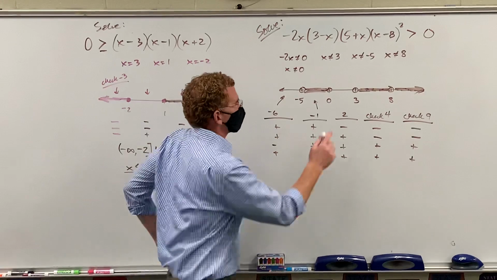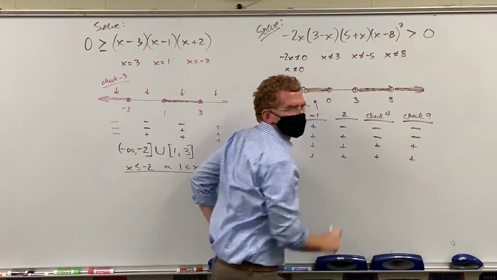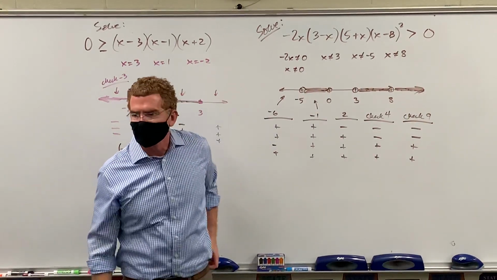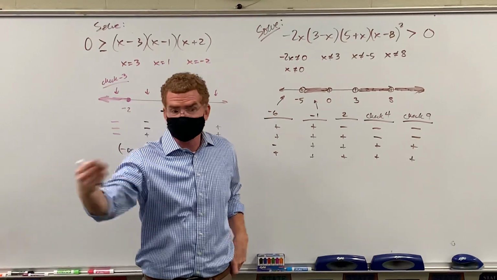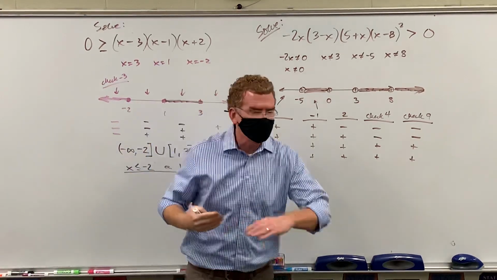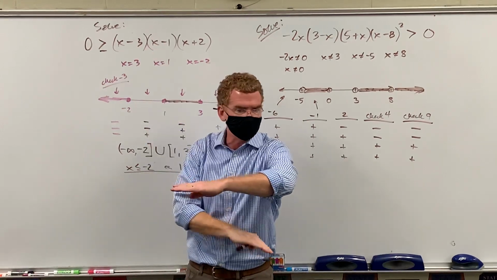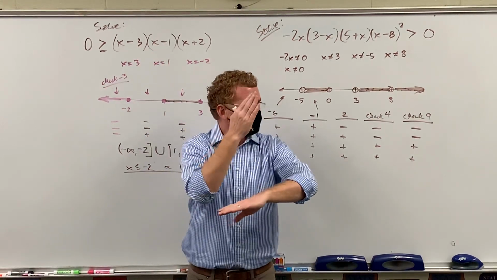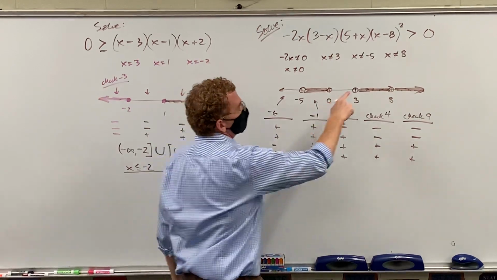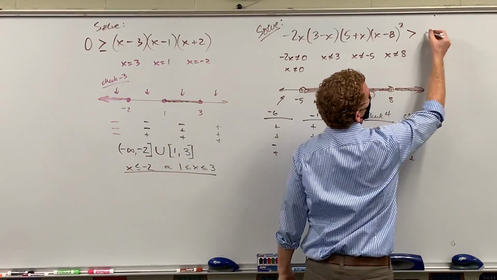What did you learn about double roots? So if it was a function, which it's not, there's no y in there, but if it was, what happens on a double root? Instead of crossing through, it hits it and bounces, right? So what if this was a y over here?